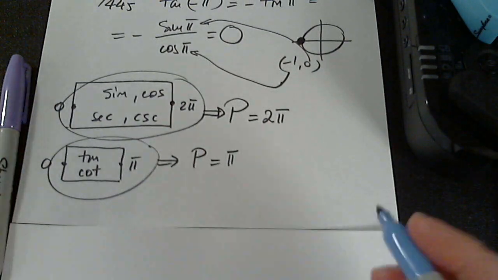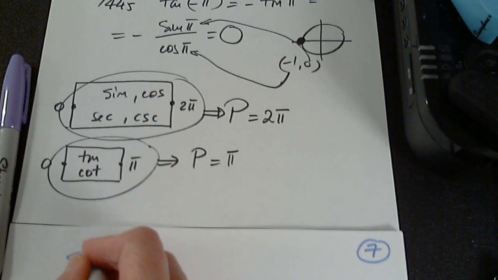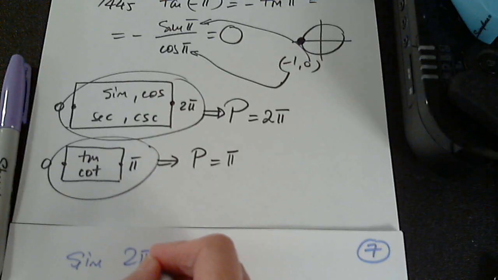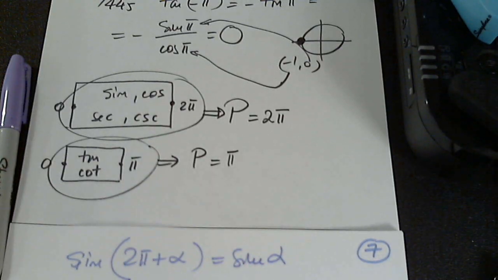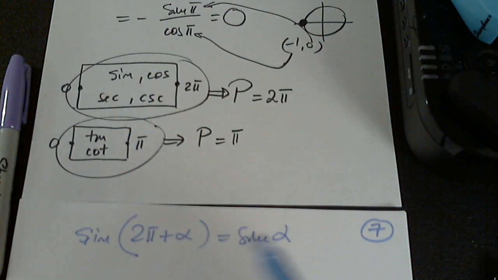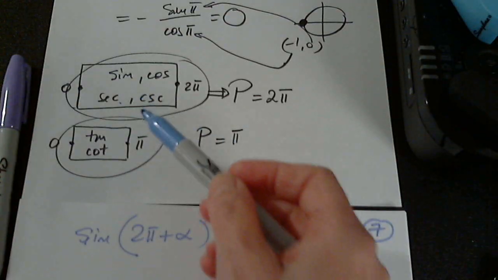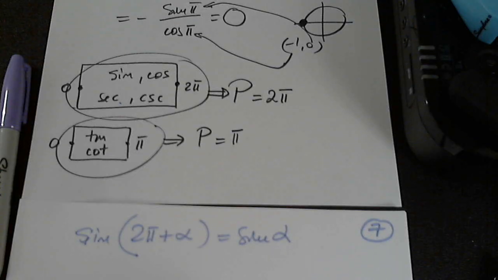Page 7. I'm saying that sine of 2 pi plus alpha is sine alpha. The same thing with cosine. Cosine of 2 pi plus alpha is cosine alpha. Secant of 2 pi plus alpha is secant alpha. Cosecant of 2 pi plus alpha is cosecant alpha. What about tangent?